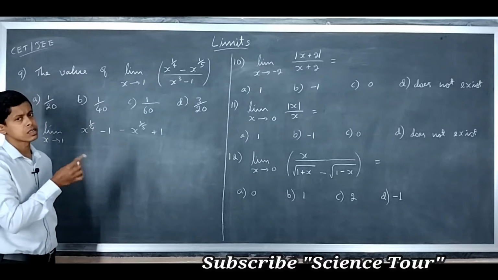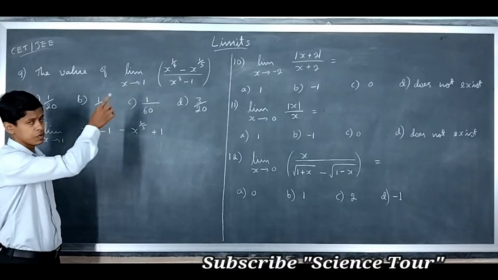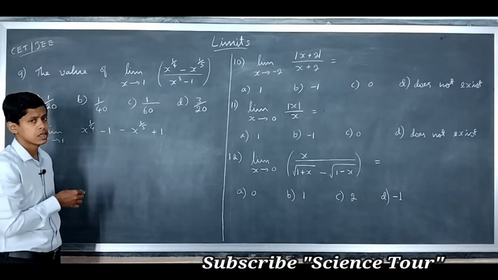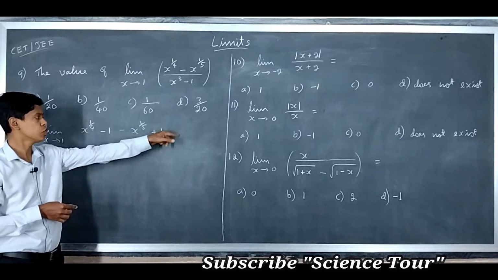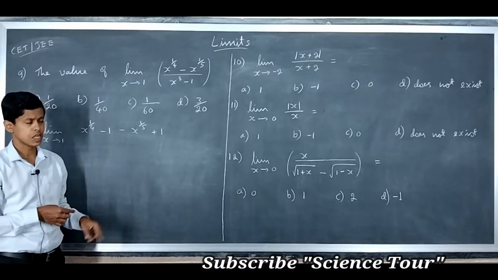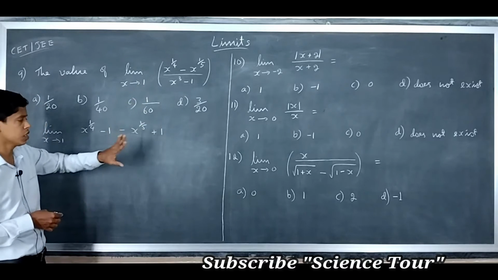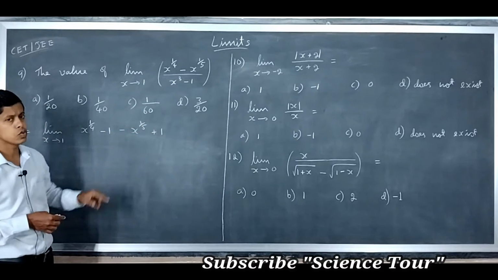You can add and subtract together, then only there is no difference between the two. You cannot subtract twice, correct? If you write minus 1 and minus 1, then you should write plus 2, then only there is no difference between the two. So if you are subtracting, then you should add.